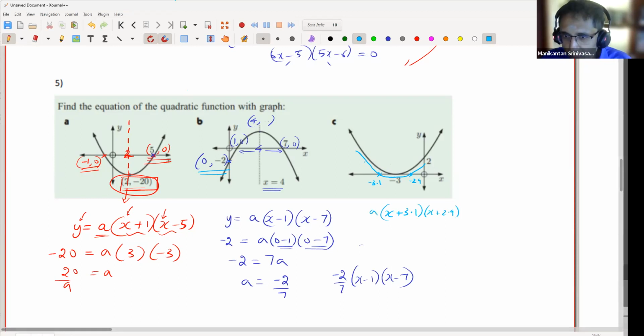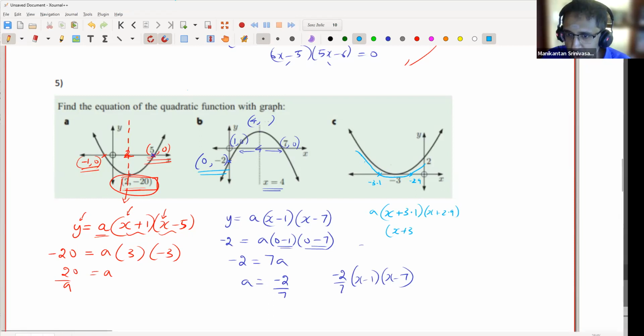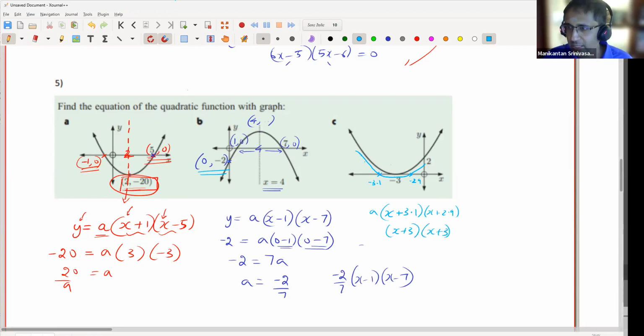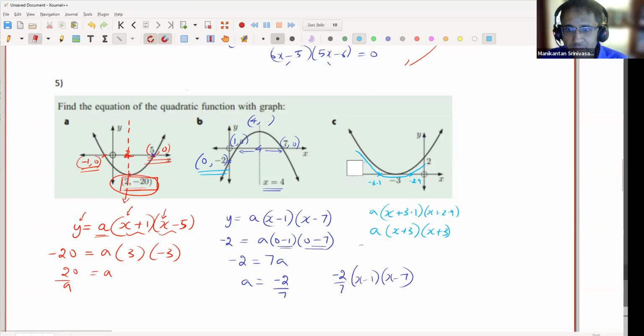Usual stuff. Now this 3.1 and 2.9 have come even closer, and at one point they coincide to one number, which is 3. So it's become x plus 3 times x plus 3. So they've collided into one root, or rather it's two roots collided into one. So it's a into x plus 3 into x plus 3. That's the form of the third equation, right?